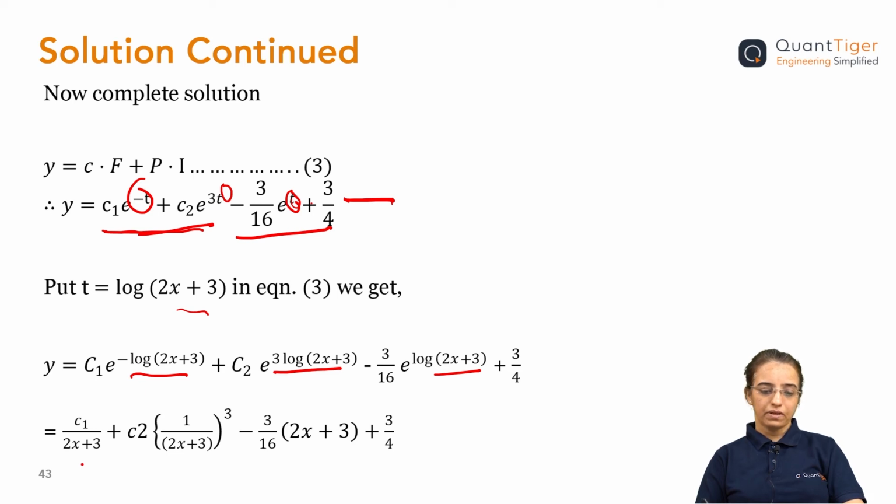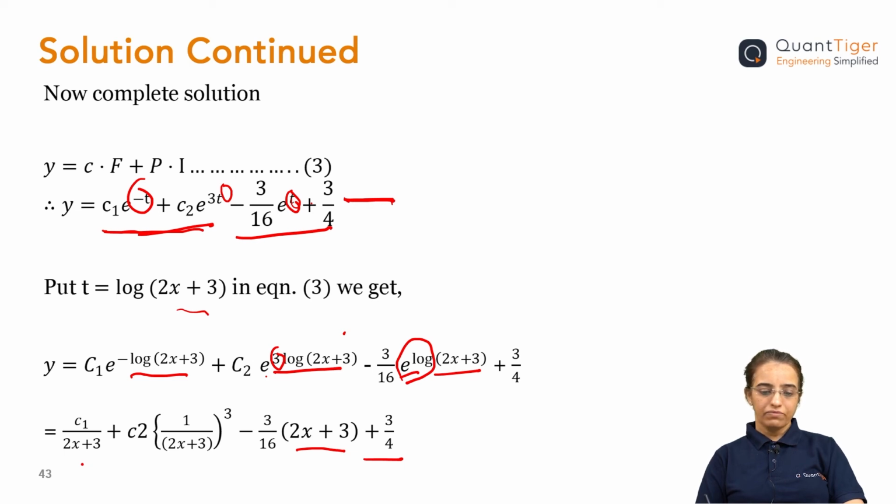This e and log will get cancelled and this 3 is there, that will become its power. Same thing will happen over here also, this will get cancelled. So we will just get 2x plus 3 over here, और ये कांस्टेंट है वैसे ही आ जाएगा. So ये याद रखना है आपको, अगर ये दोनों एक साथ आ जाते हैं तो वो कैंसिल हो जाएगा.